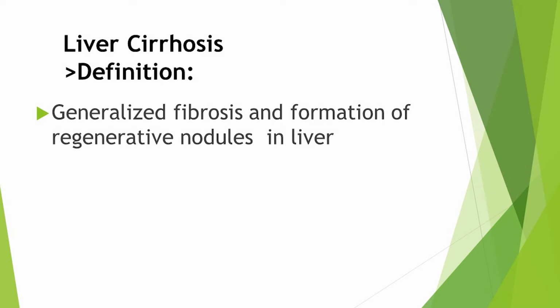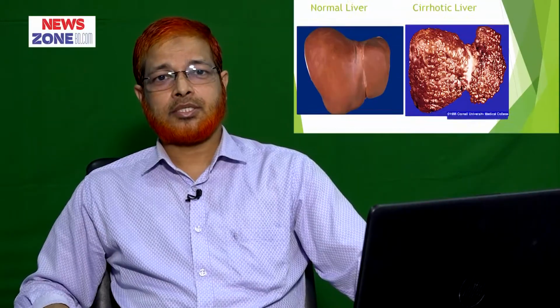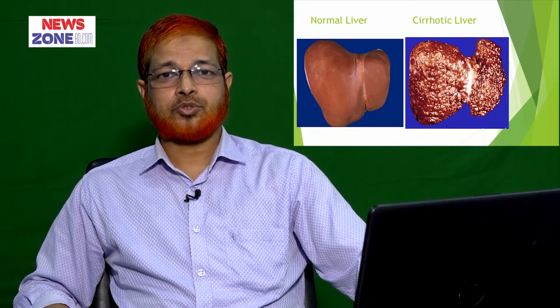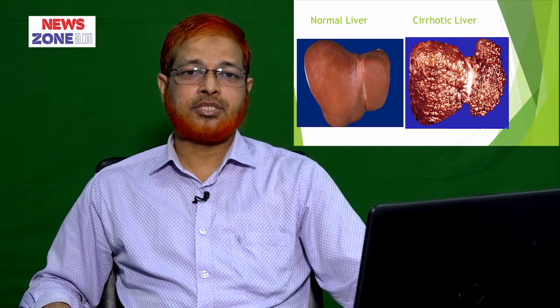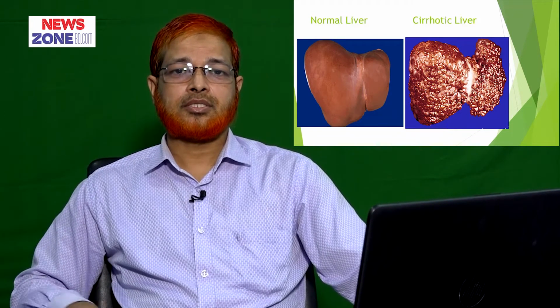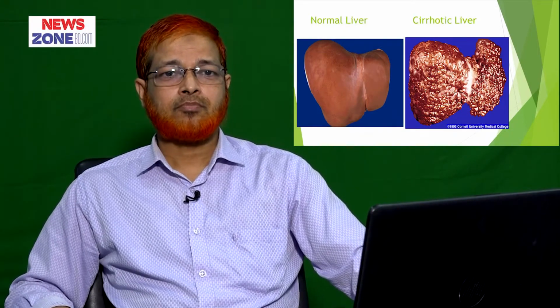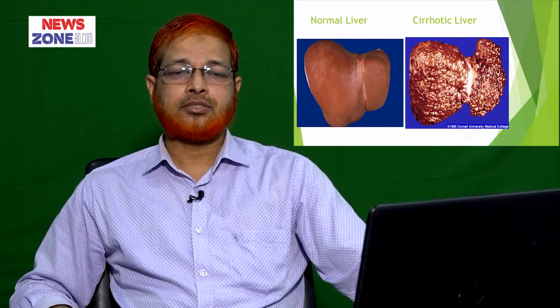You see the two pictures, normal liver and cirrhotic liver. The normal liver is shiny and its surface is smooth. But the cirrhotic liver is nodular and irregular, and its margin is also irregular.